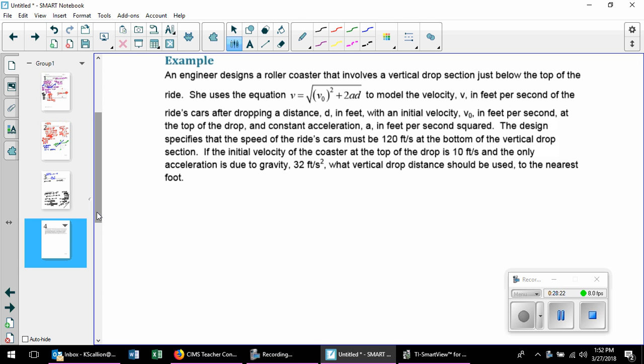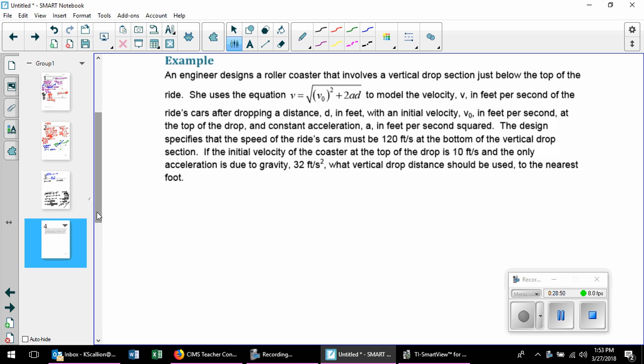The design specifies that the speed of the ride's car must be 120 feet per second at the bottom of the vertical drop section. If the initial velocity of the coaster at the top is 10, and the acceleration due to gravity is 32 feet per second squared, what is the vertical drop distance that should be used to the nearest foot?